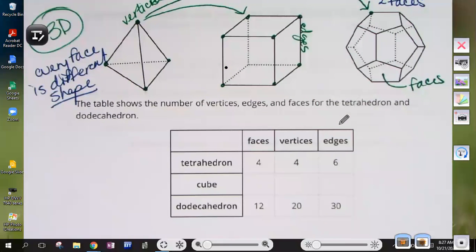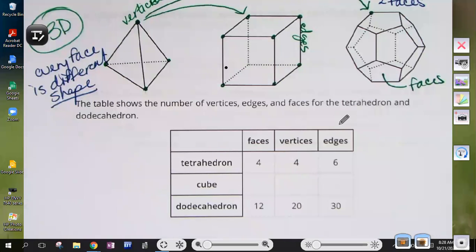It says the table shows the numbers of vertices, edges, and faces for the tetrahedron and the dodecahedron. Okay. Let me read this. Number 1 is on the next page, but it says complete the missing values for the cube. Then make at least 2 observations about the number of faces, edges, and vertices in a platonic solid.